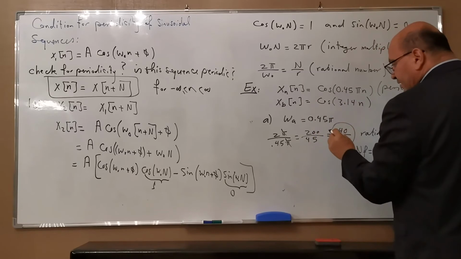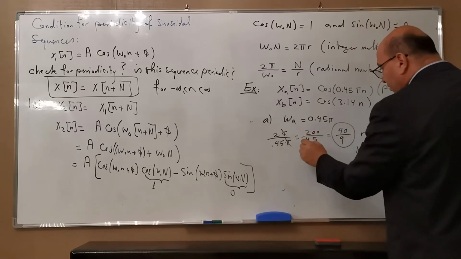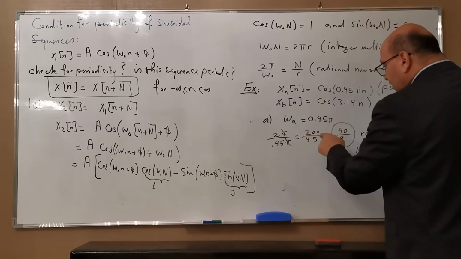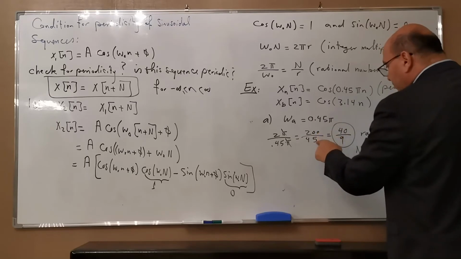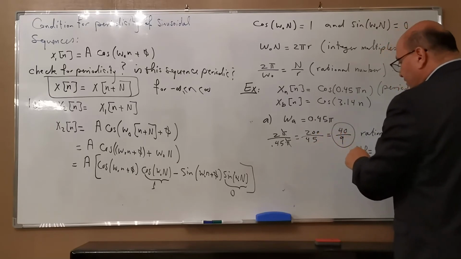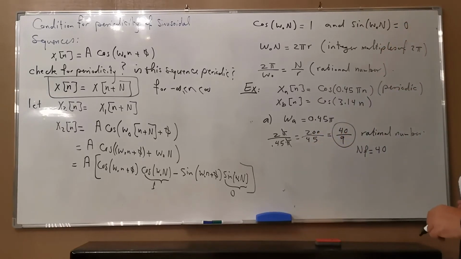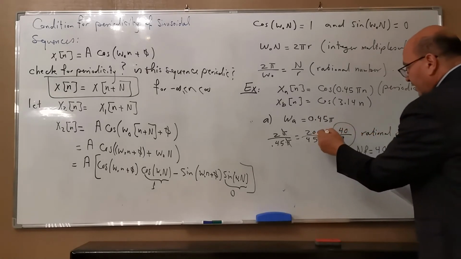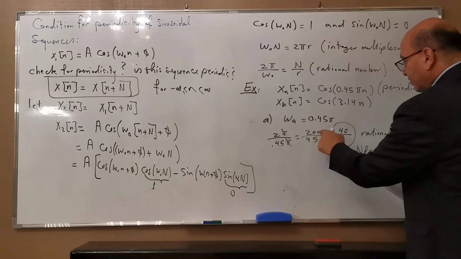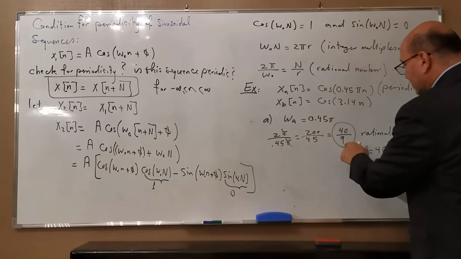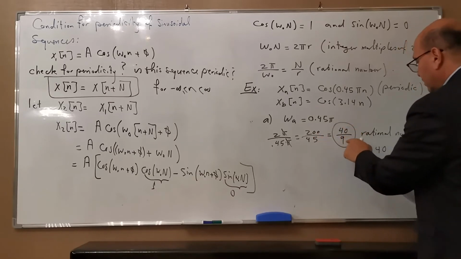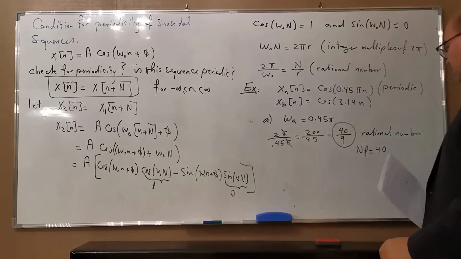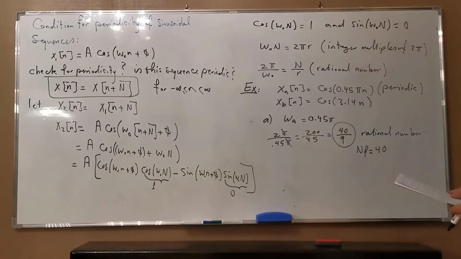To find the fundamental period, you have to manipulate the figures so that there is no common factor that can be cancelled from the numerator and the denominator. So 200 divided by 5 is 40, 45 divided by 5 is 9. No common factors here, so NF is 40.